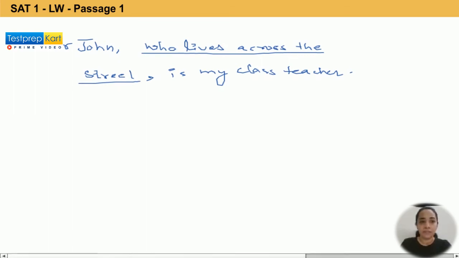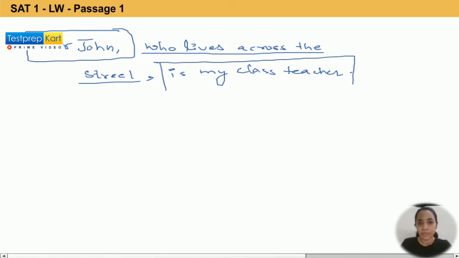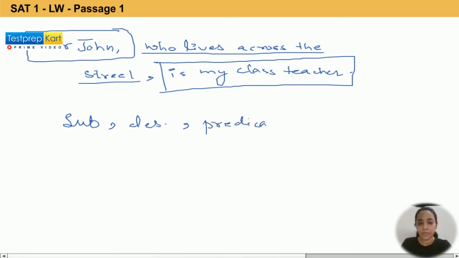When we read this, this is our main part. Mr. John is my class teacher is the main part, whereas this part is just a description which is giving us more information on Mr. John. Now note the structure: we have the subject, then the description is coming, and then we have the rest of the part, the predicate part. Predicate means whatever you have, the verb and any object.